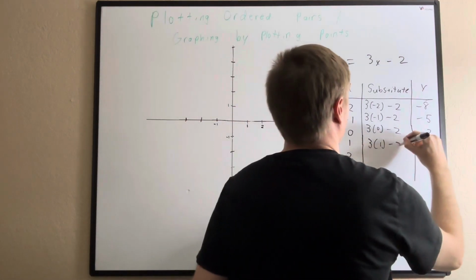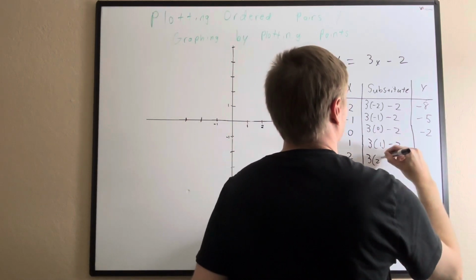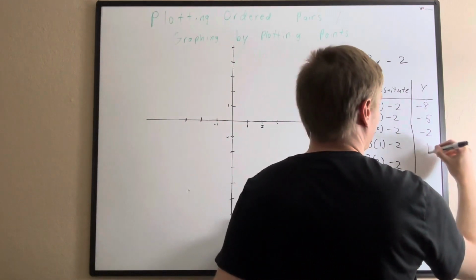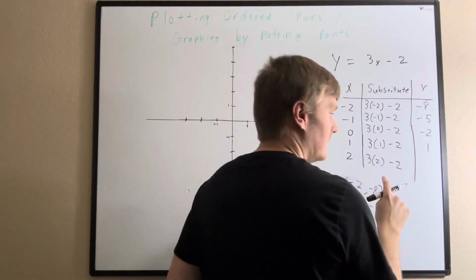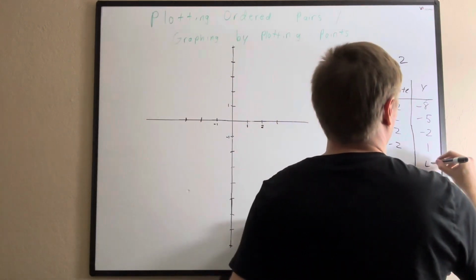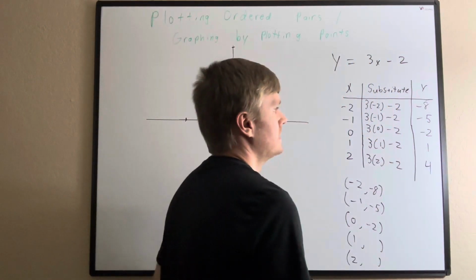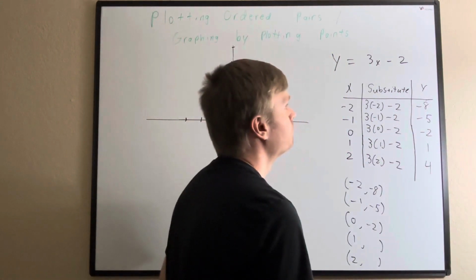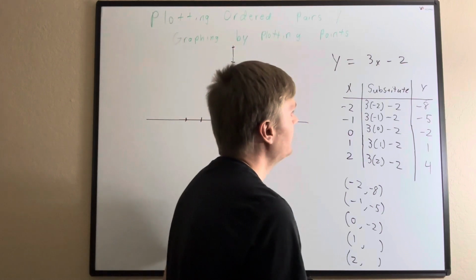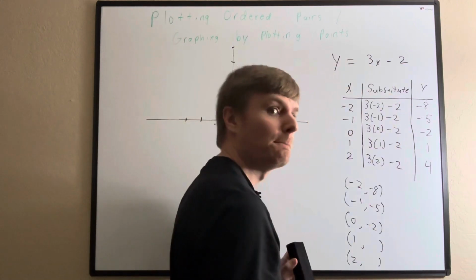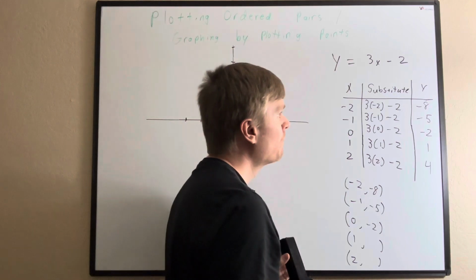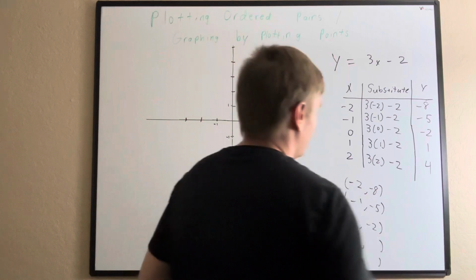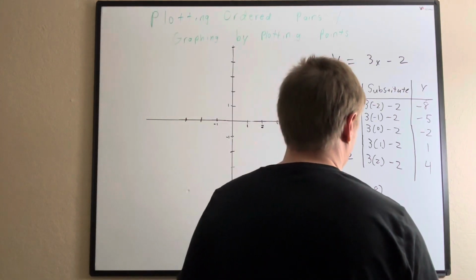Same thing with 1. Same thing with 2. 3 times 1 is 3, minus 2 is 1. 3 times 2 is 6, minus 2 is 4. And when you look at that, these go up by 3 each time. Isn't that interesting? There's a 3 right there. We'll get into that in later videos, but there are faster ways of doing this.